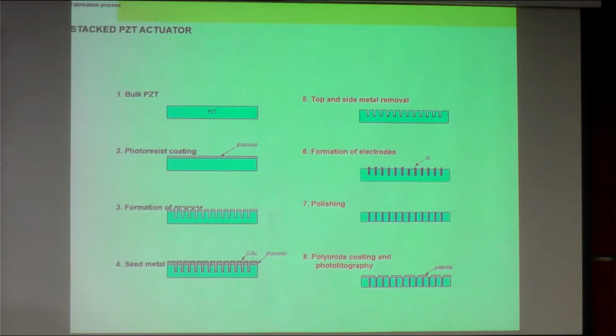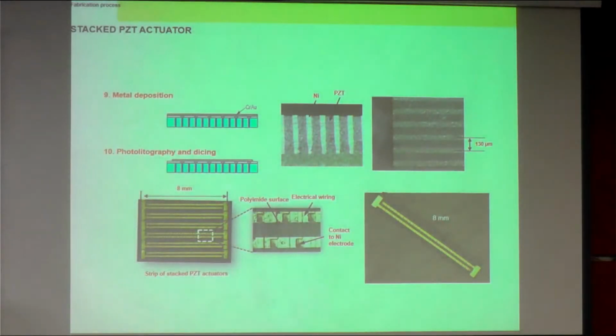This is using polyimide as the insulator layer. Then we deposit metal after the polyimide. This metal will become the interdigitated electrode of the actuator.